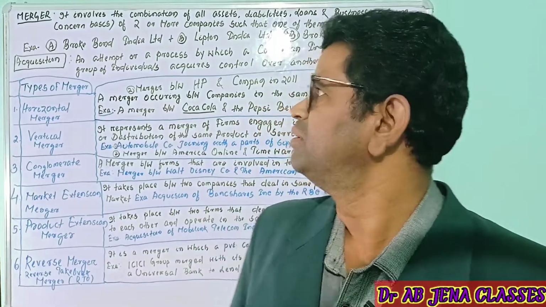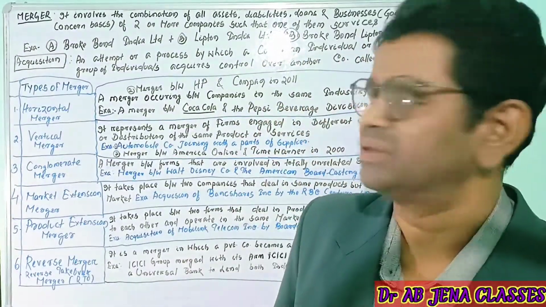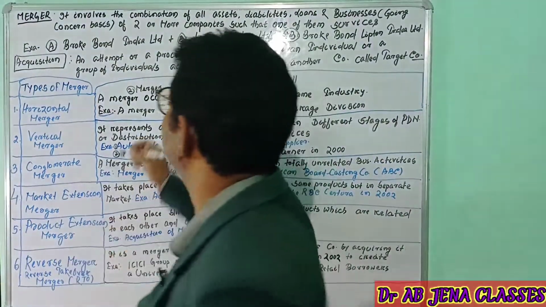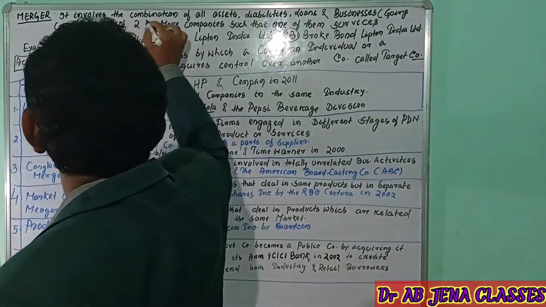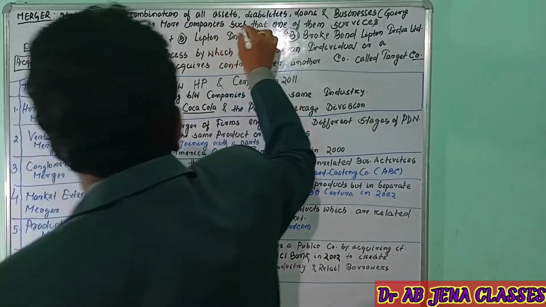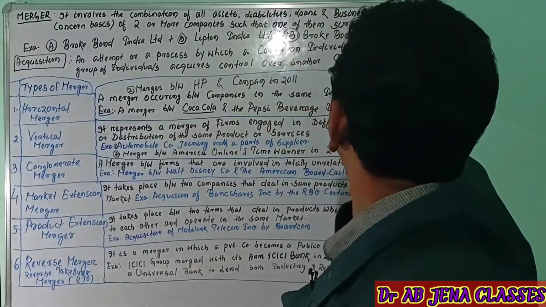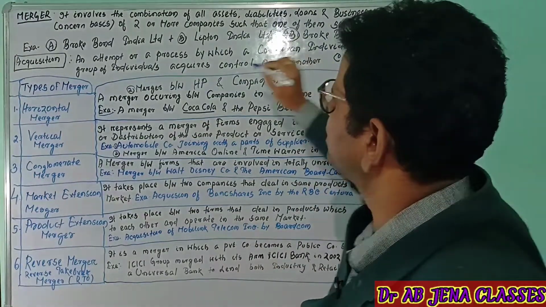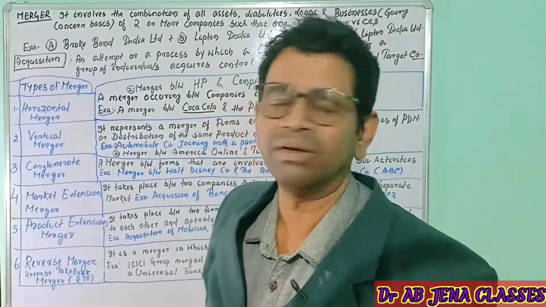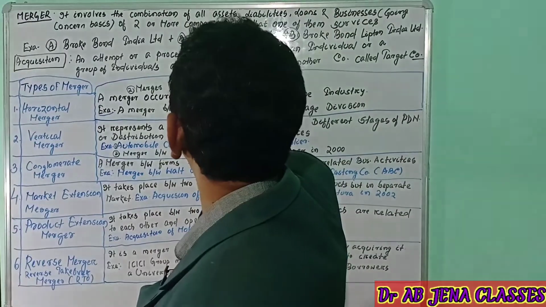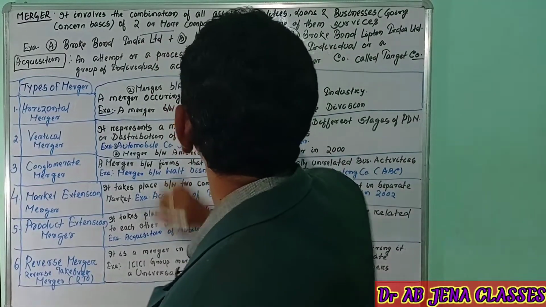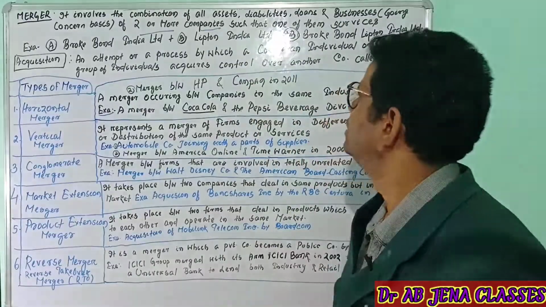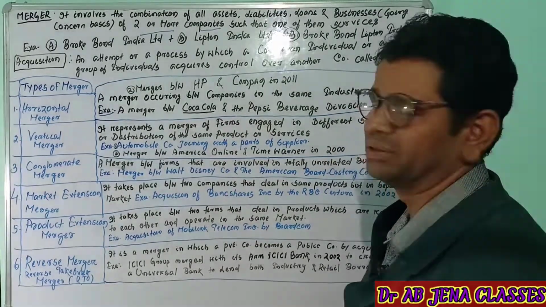So what is the meaning of a merger? Merger involves the combination of all assets, liabilities, loans and business of a going concern, meaning the running business of two or more companies, such that one of them survives.